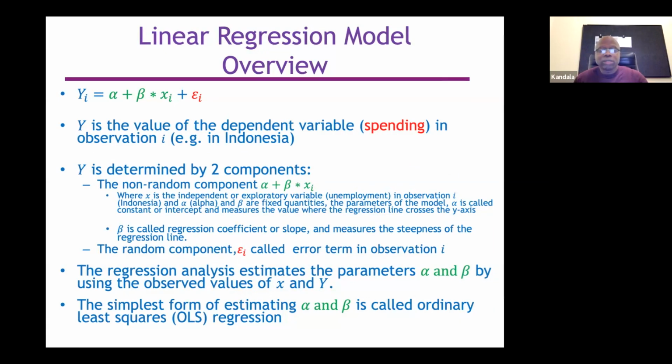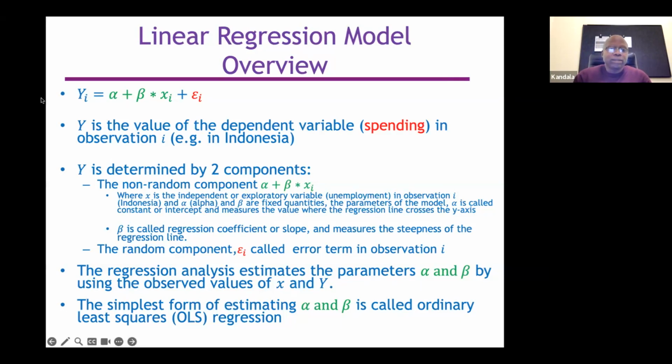And we can also try to contextualize this example in the area of public health. So this may be health spending in any given country. Y is the dependent variable, so the health spending, and X is the independent variable, that is unemployment.